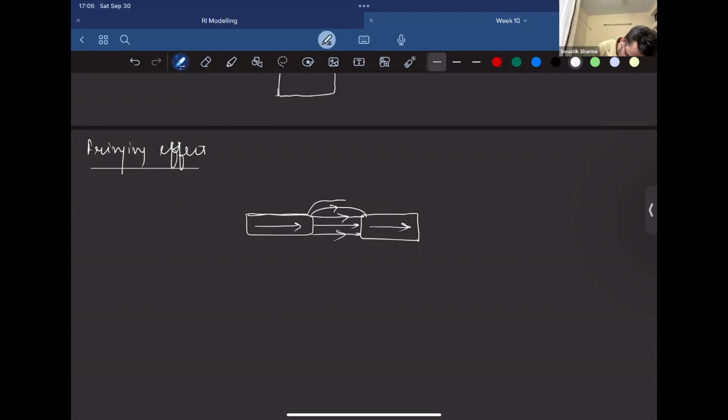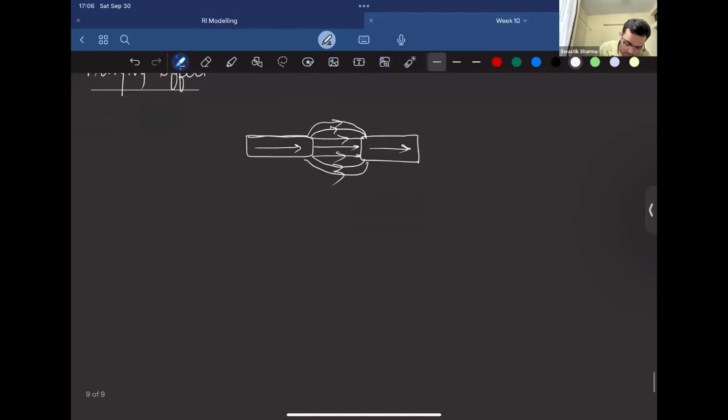The flux flows like this. As it gets an air gap, it experiences a non-uniform magnetic field, and that's how the intensity decreases as we go away from the center point, right? This is usually called the fringing effect, and it creates a non-uniform air gap flux density.